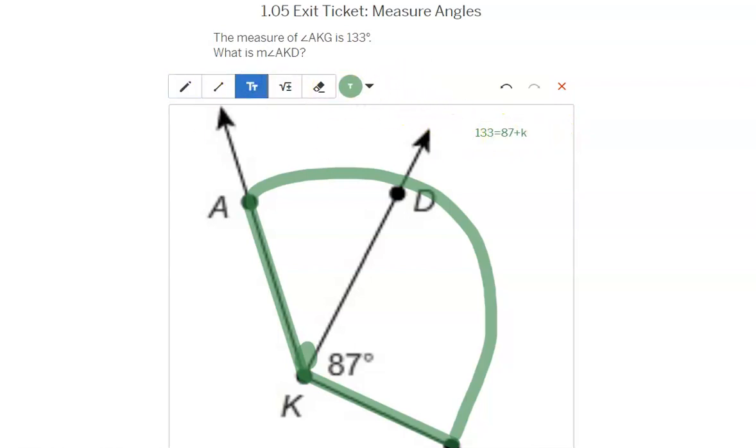If we do the math, 133 minus 87 is 46. The way that we do that, just in case you're wondering, is we would say 133 minus 87, because we want the 87 to be on the other team, equals K. Then we go ahead and do our math.